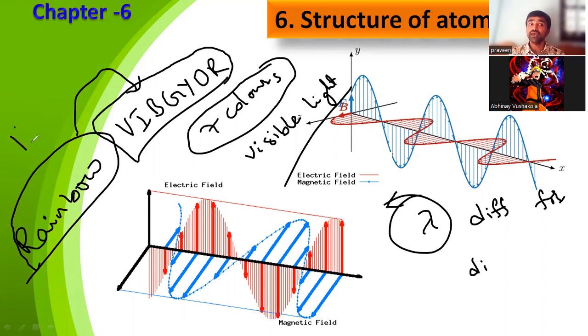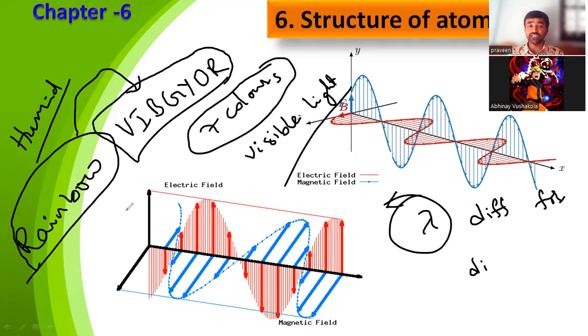Or especially on a humid day, you can see it due to the presence of moisture in the air. Without water vapor in the air, you cannot find a rainbow. Especially on a rainy day, you are able to see it in the presence of light only. Again, you need sunlight. Without that, you cannot find it. It is because of the presence of light and moisture. So some phenomenon takes place, that is simply the dispersion phenomenon.